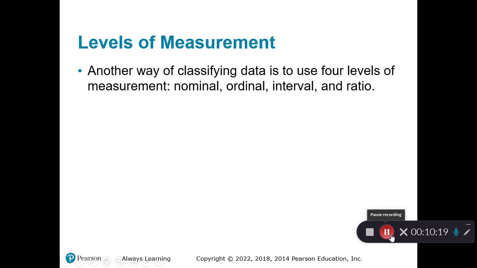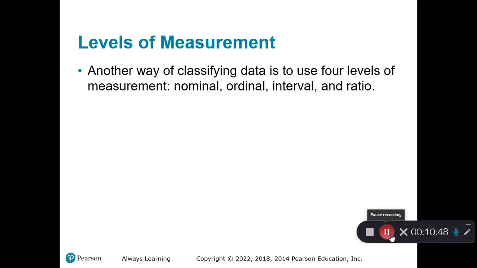If you're a visual person like I am, you've probably taken some notes throughout the last few slides that have data at the top with two little branches, one that says quantitative or numerical and the other that says categorical or qualitative. And then from the quantitative branch, maybe you drew two more branches going down where you had discrete versus continuous data.